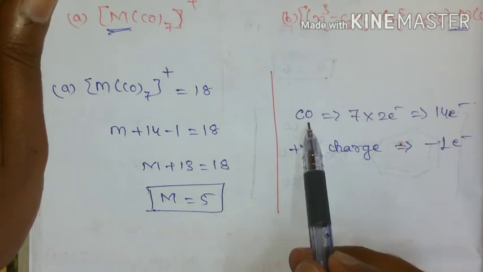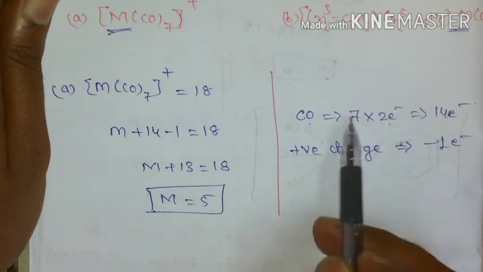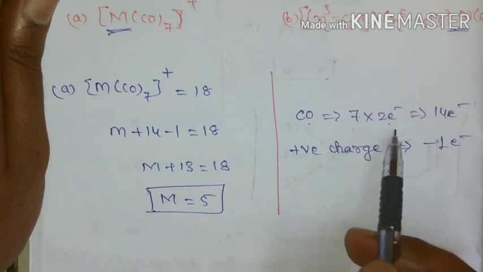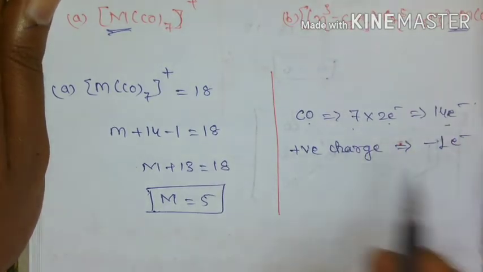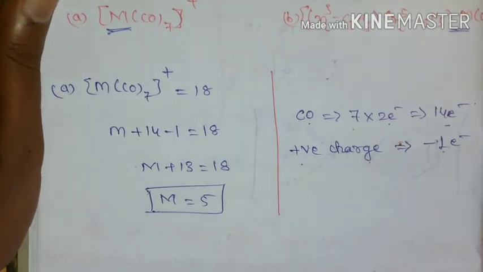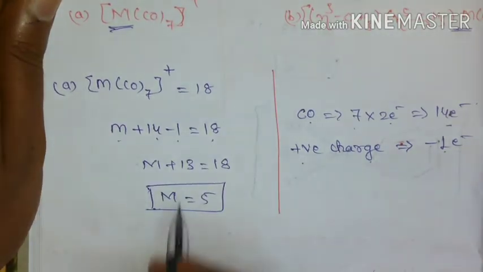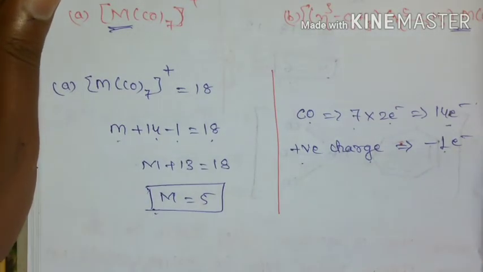As we know, carbonyl is a neutral ligand, and it is going to contribute 2 electrons. Overall 7 carbonyl ligands are present, so it is going to contribute 14 electrons. Since the complex carries a positive charge, we need to minus 1 electron. So 14 minus 1 is equal to 18, so M is equal to 5.